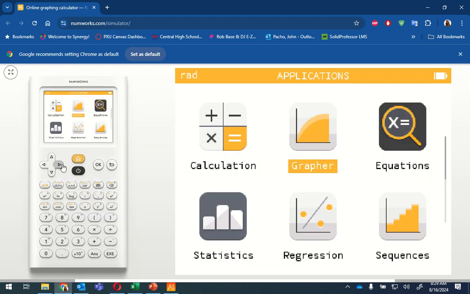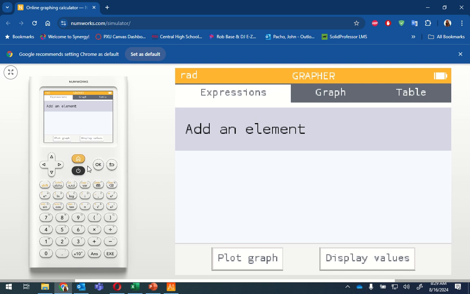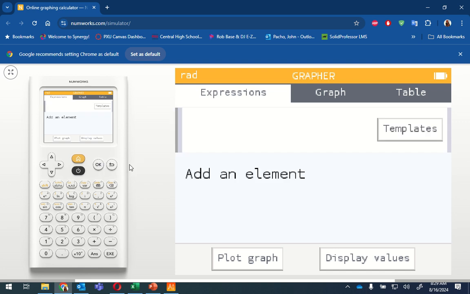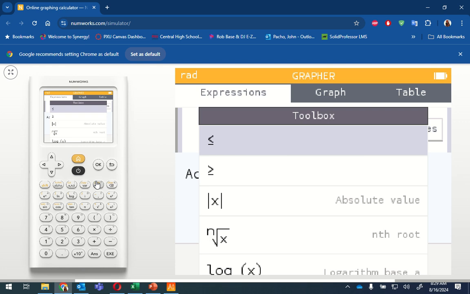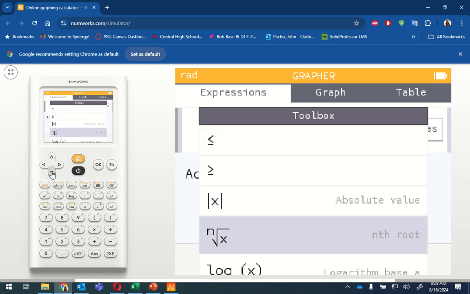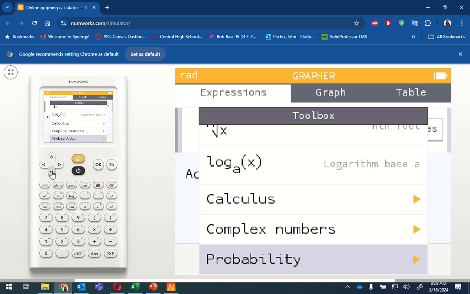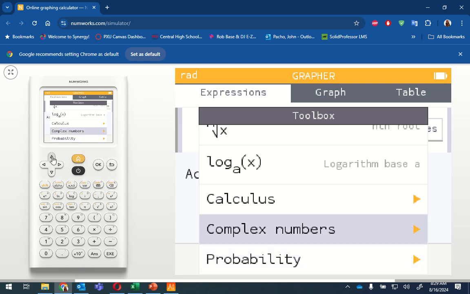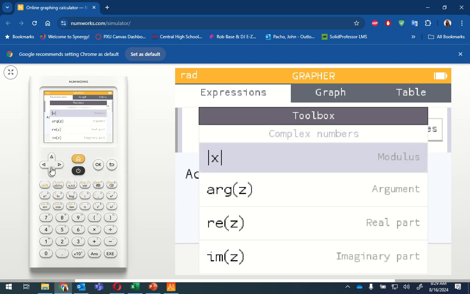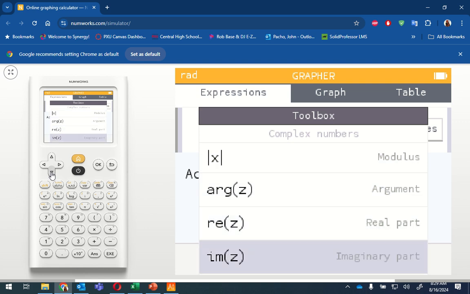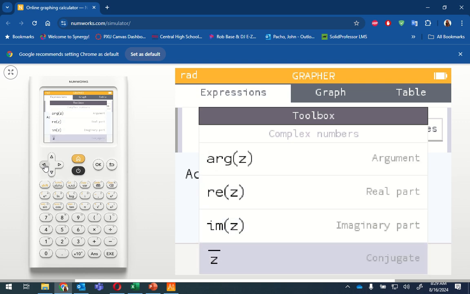And I'm gonna go to graph. You guys actually have it slightly differently. And this one right here, I'm gonna look in the toolboxes because I can't remember where this one's at. Nope, it's not there.